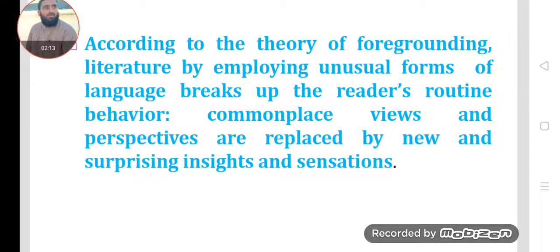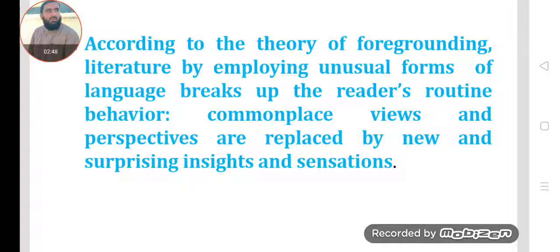So when we are using unusual forms of language, this stops the reader's routine behavior, the mundane talk, and something interesting, something unusual comes into literature. That's why readers take interest in reading a piece of literature.